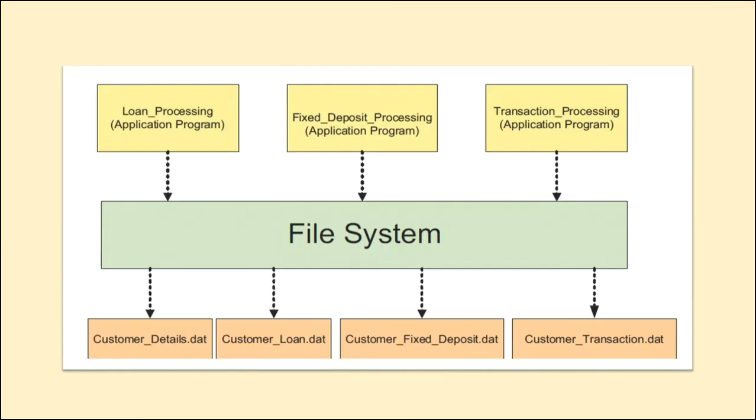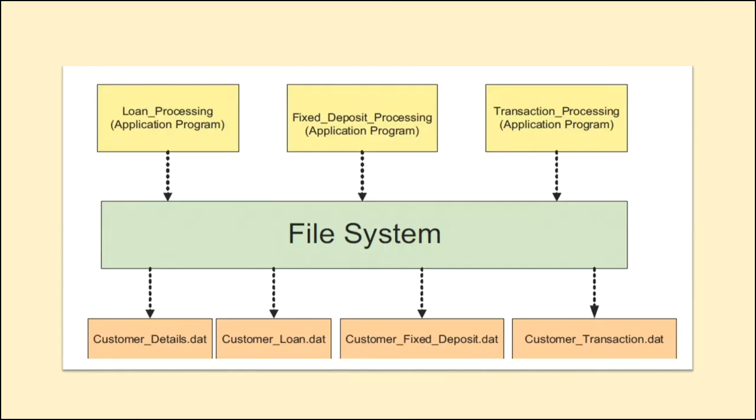And one more problem is that, most of the time, there may be modifications in the customer file. Suppose one customer's address you need to change, right? But the customer's basic information is available in a lot of other files also. So whenever you change the customer address, you definitely need to change all the other files also.